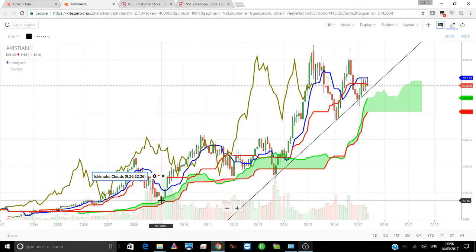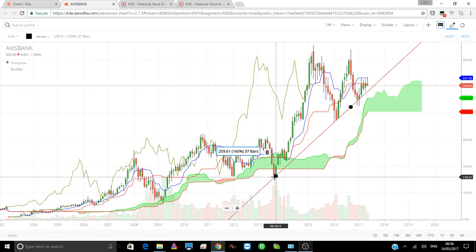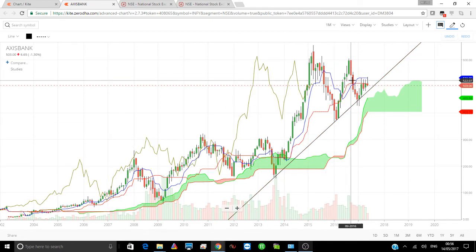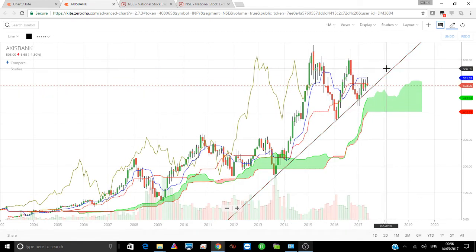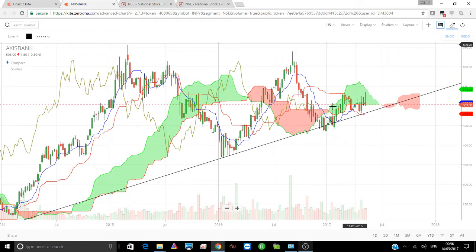Always comes down to the monthly cloud, reverses. Comes down to the monthly cloud, reverses. Now it has come down to the monthly cloud. It will probably reverse. In the market there is nothing right and nothing wrong. Market will do what it has to do. We are just looking at the market from our lens.